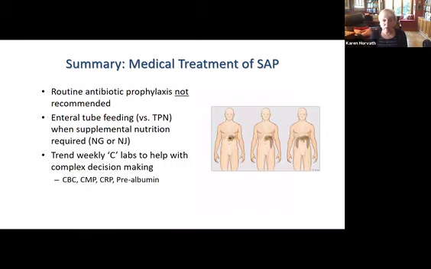Routine antibiotic prophylaxis is not recommended, and enteral tube feeding over TPN is the best way to give supplemental nutrition via either the NG or NJ route. And it's really helpful to trend the weekly C labs to help with complex decision making.